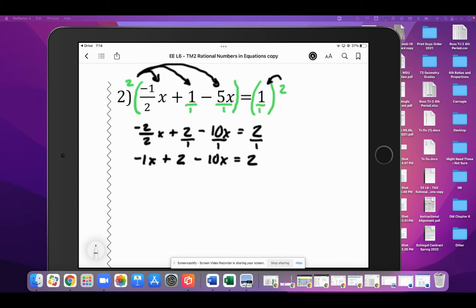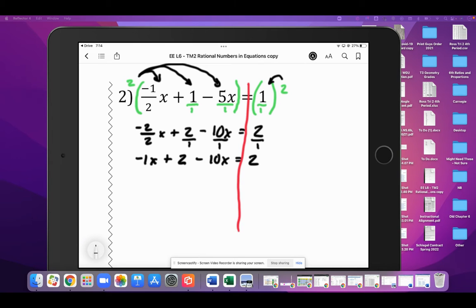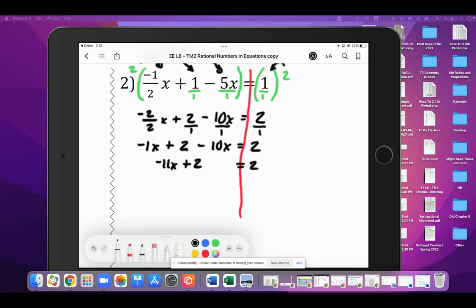Continuing, I should have, Miss Ross would be mad at me if I didn't make my line right there. So looking at the left side again, I need to combine like terms. I have a -1x and a -10x makes a -11x plus 2 is equal to 2. It's kind of weird. We're going to end up with 0 again on this one.